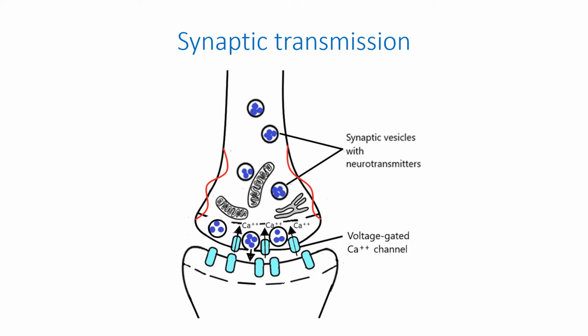When a nerve impulse, that is, the wave of the membrane depolarization, reaches the synapse, the voltage-gated calcium channels open up, which leads to the influx of calcium ions from the extracellular space to the cytoplasm. The synaptic vesicles of readily releasable pool fuse with the plasma membrane and release neurotransmitter into the synaptic cleft by exocytosis.